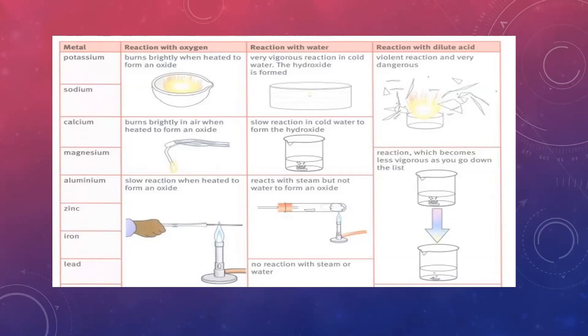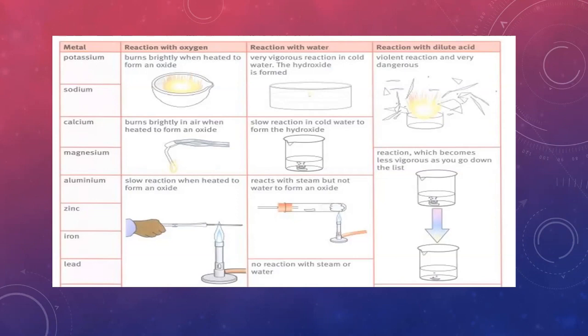What happened when the aluminium, zinc, iron, lead, all of these metals react with oxygen? Slow reaction when they are heated to form an oxide.